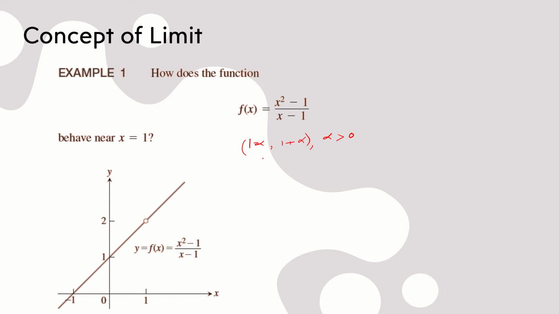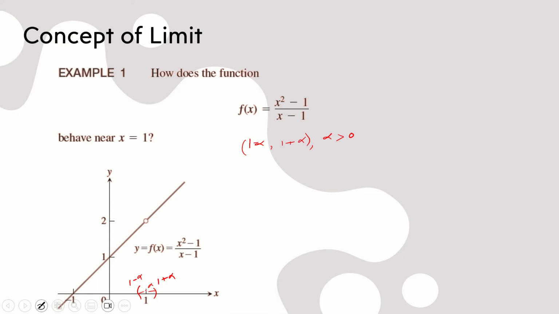Okay, so what is the behavior of this function near this point 1? So geometrically you see that if you consider a small interval, we take 1 minus alpha and 1 plus alpha.